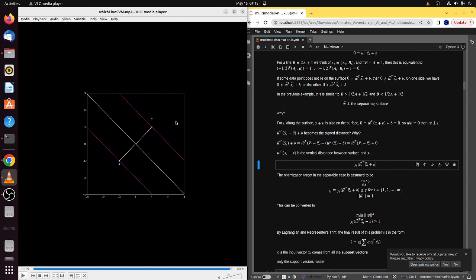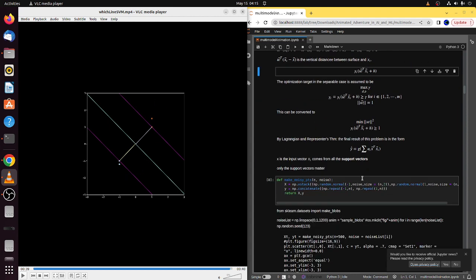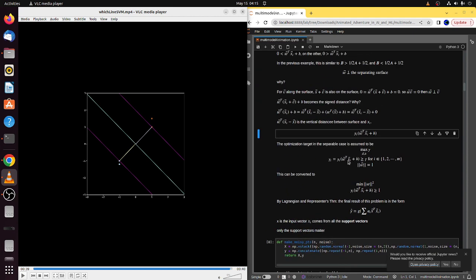Whereas on this side, everything is less than 0, and the signed distance is less than 0. Minus times minus is positive. So if the product is positive, then every point is correctly classified.